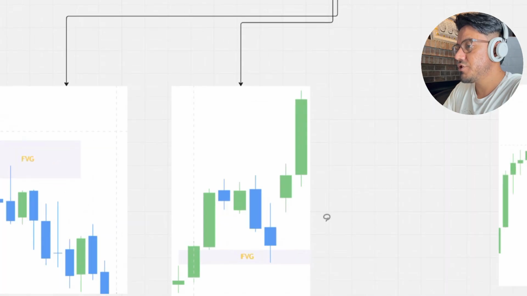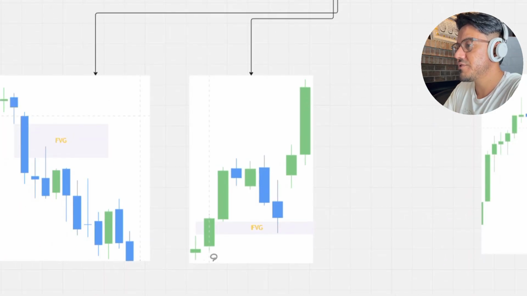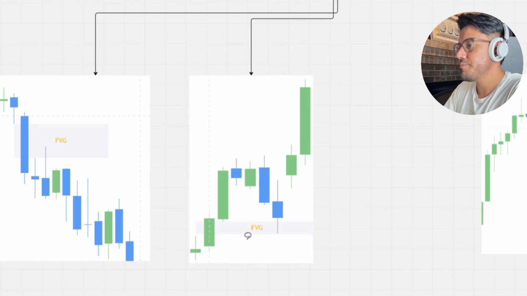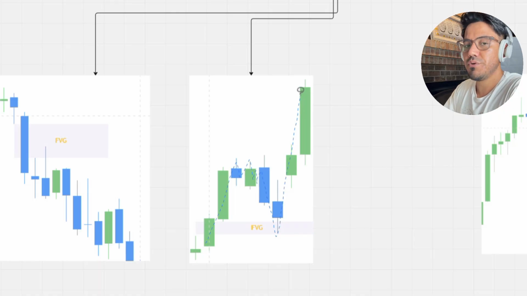That is the bearish sense, and in the bullish case, we have candle 1, 2, and 3. There is a gap between candle 1 and candle 3. The price is expanding, consolidating, trades lower, taps into the FVG, and moves into the original trend, which was bullish.